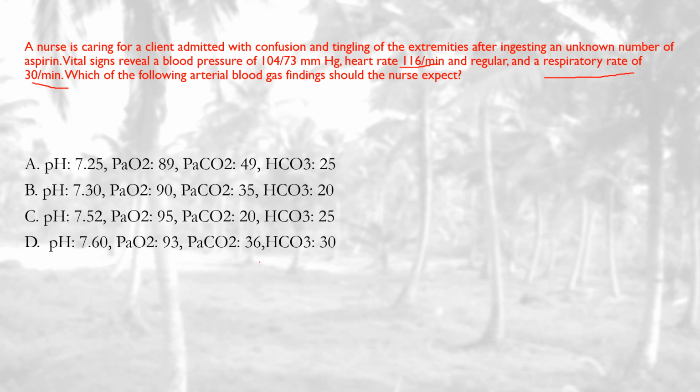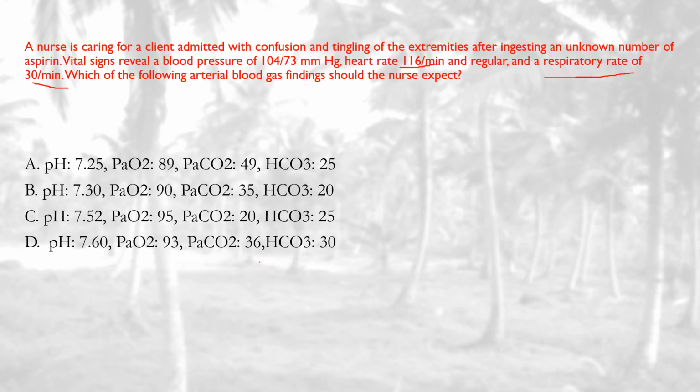And what happens with fast respirations? What happens to the CO2? You're blowing out the CO2. That means it's going to be alkalotic. So remember, when there's a low CO2, if it's below 35, it's going to be alkalotic. If you have slow respirations and you're apneic, or you have COPD, or you're obtunded, or under anesthesia, you're going to have low respirations.